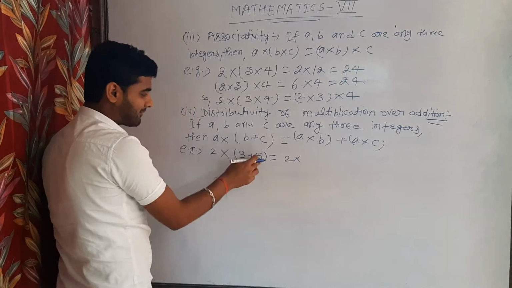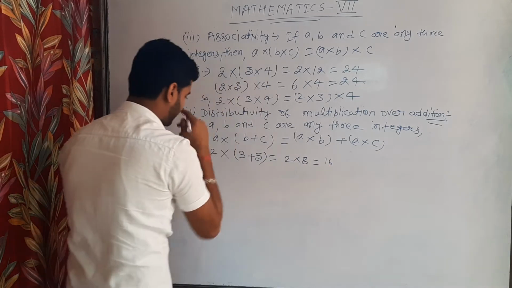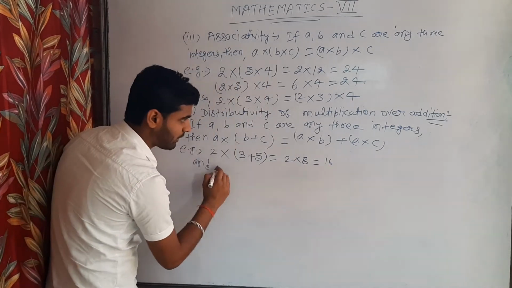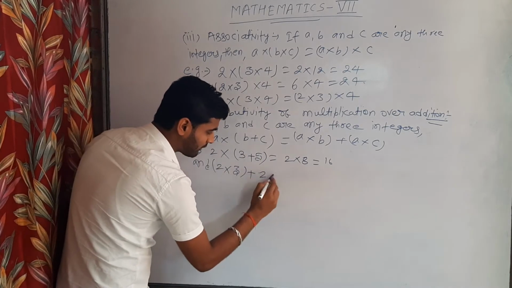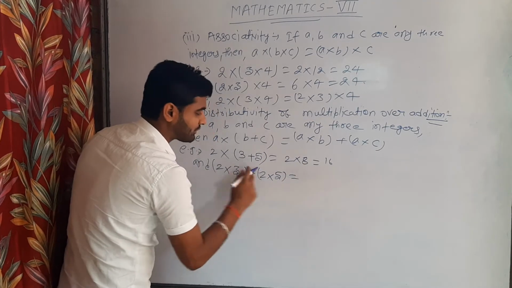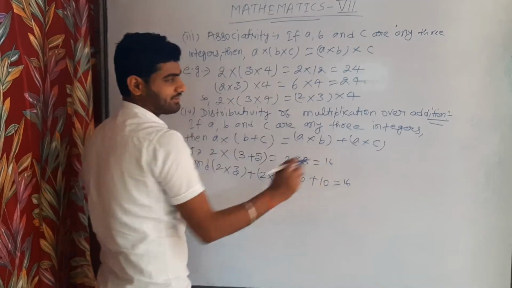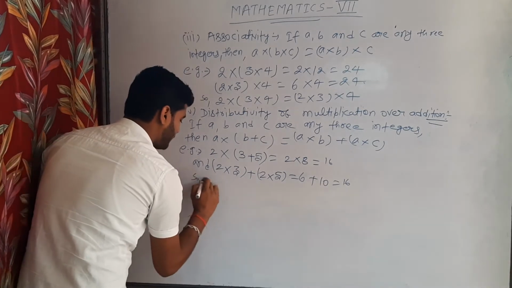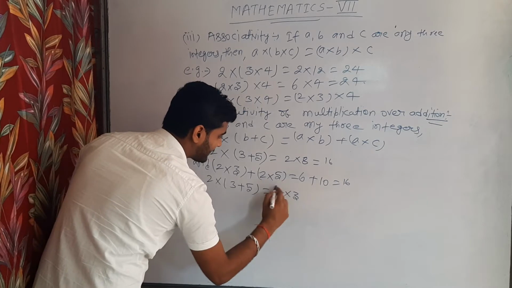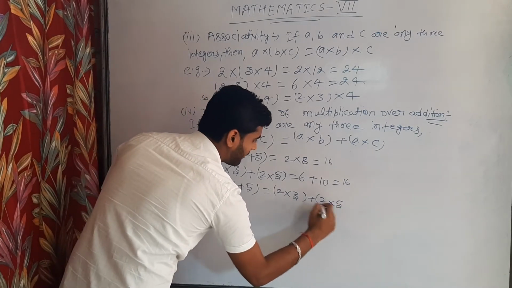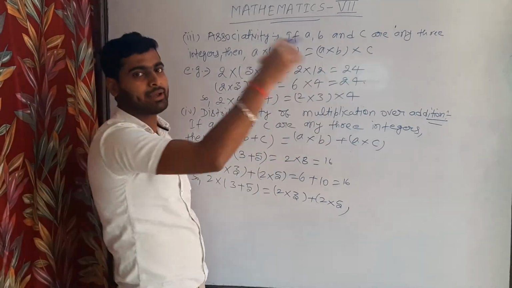First of all, we have to add 5 and 3. 5 plus 3 is equal to 8. 2 times 8 is 16. And 2 multiply 3 plus 2 multiply 5: 2 times 3 is 6 plus 2 times 5 is 10. 10 and 6 is 16. So 2 multiply (3 plus 5) is equal to 2 multiply 3 plus 2 multiply 5. So it satisfies the distributivity of multiplication over addition.